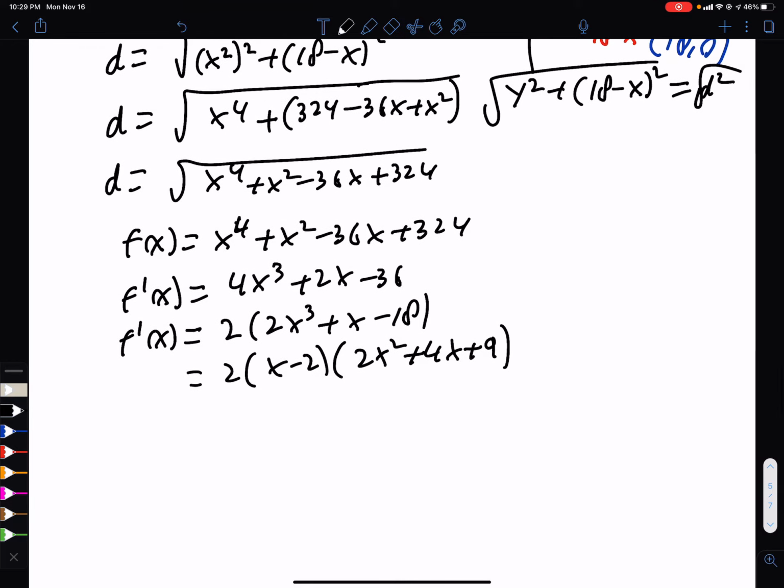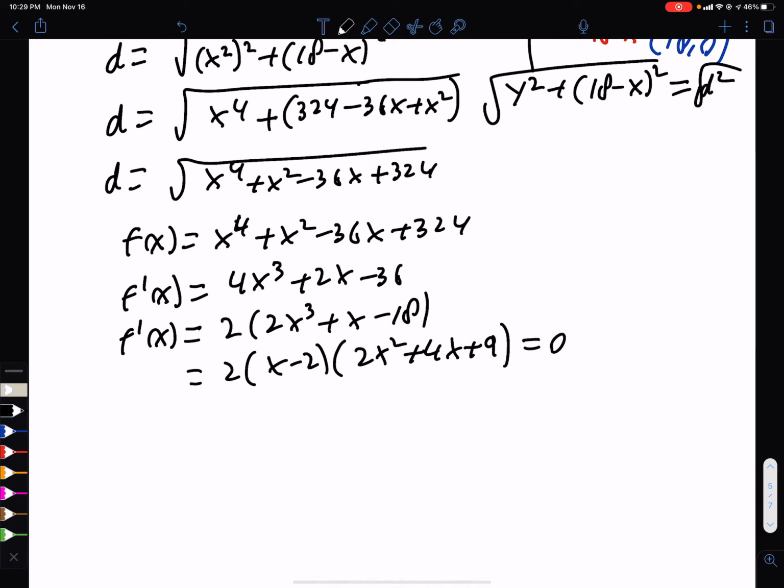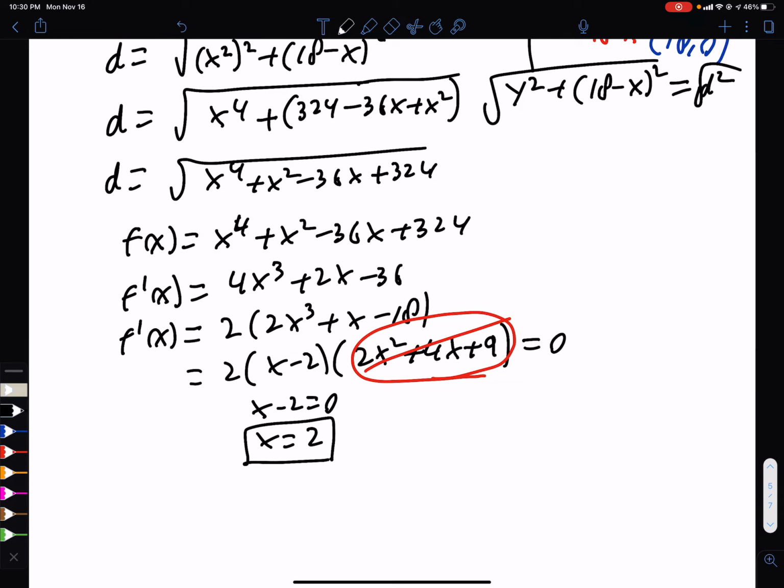Okay? And then I set this equal to 0, and you can try it. If you plug this into the quadratic formula, there's no real solution. So I just get x minus 2 equals 0, and I only have one critical point at x equals 2.